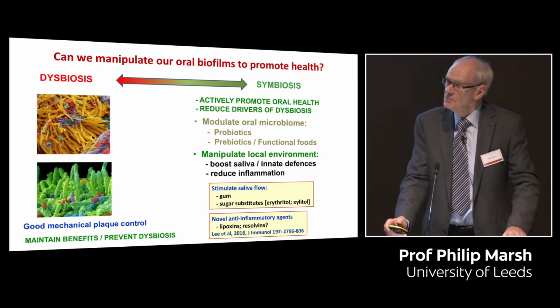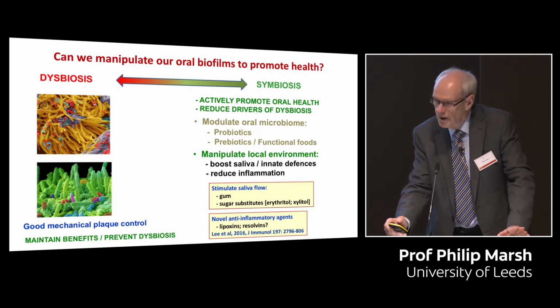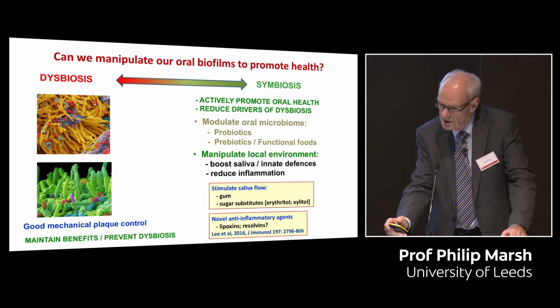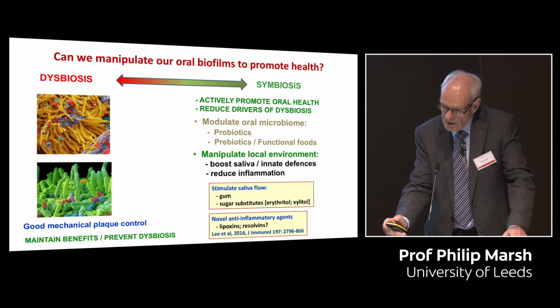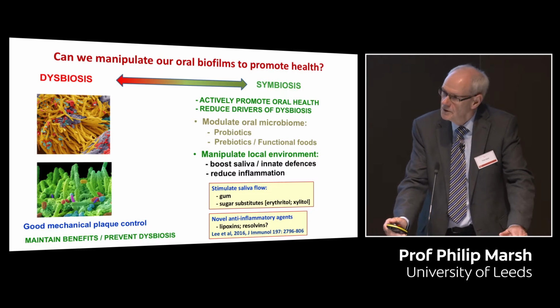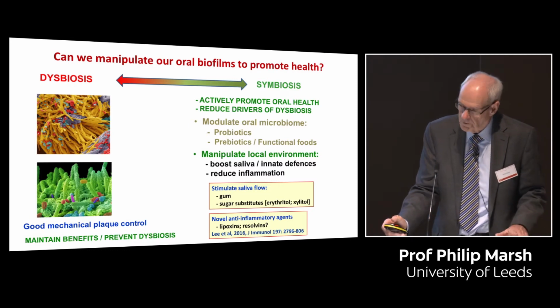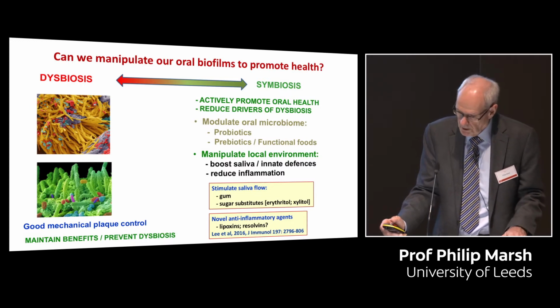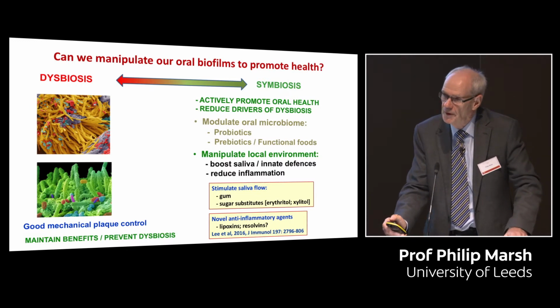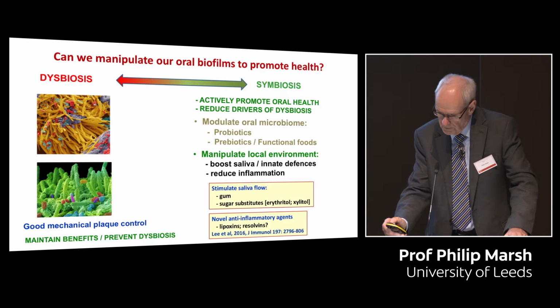Another approach would be to manipulate the local environment, for example, by boosting saliva or the innate defenses. For gingivitis, it could be to reduce the consequences of inflammation. So it's possible to stimulate saliva flow by sugar-free gum or using products with non-fermentable sweeteners in them.